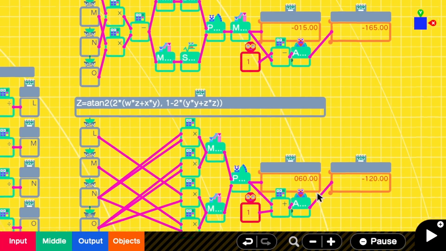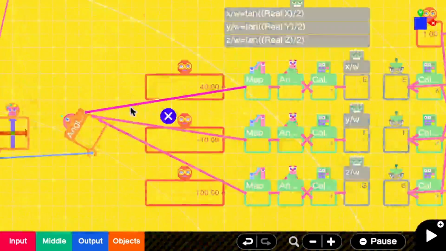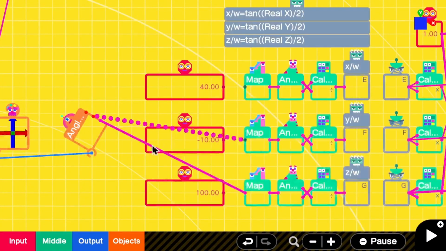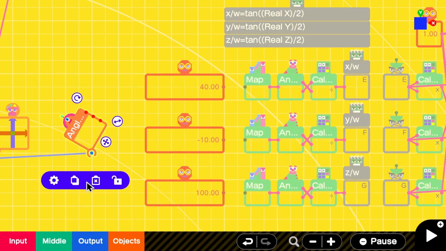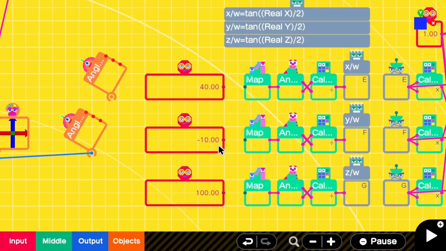Now, one neat thing with the existence of this calculator is you can do something like, say, you have 40, negative 10, 100 here. Let's say we want to make an angle sensor that outputs exactly 40, negative 10, and 100 in its three outputs. What we can do is put those three inputs into this calculator.